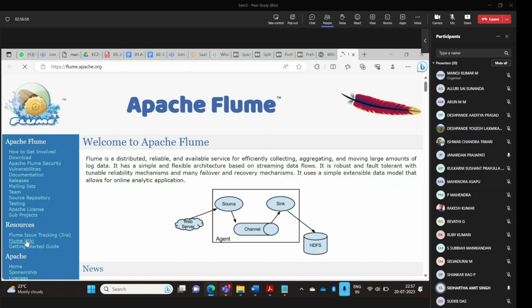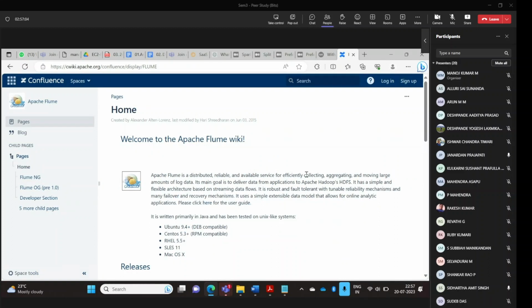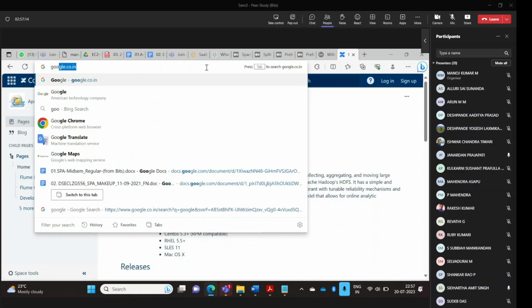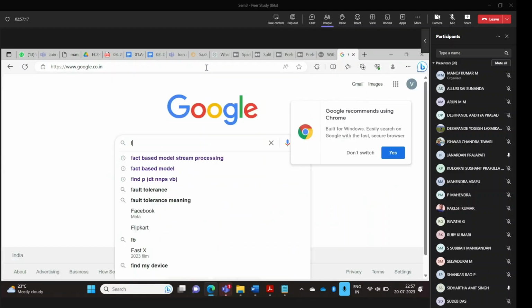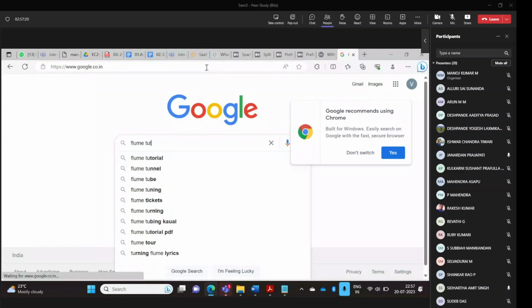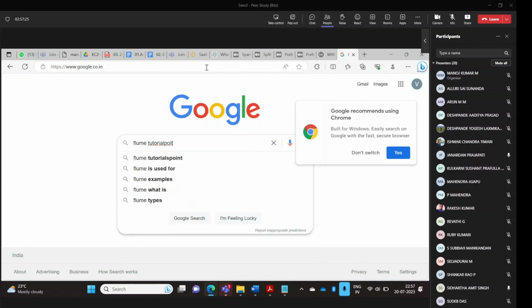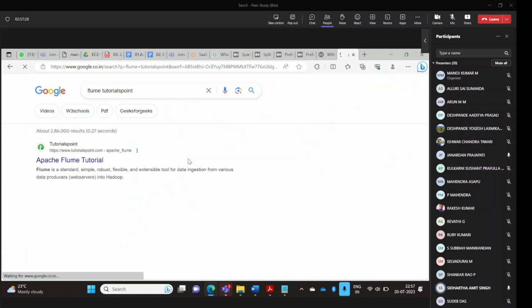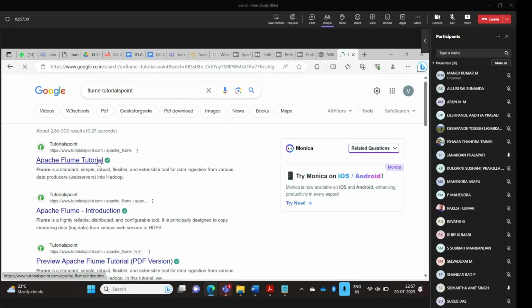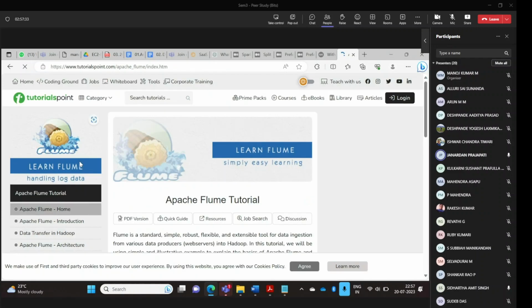I think if you go to Tutorialspoint, they have some details. Which one? Tutorialspoint.com. As per architecture, it is just processes only, no storage.